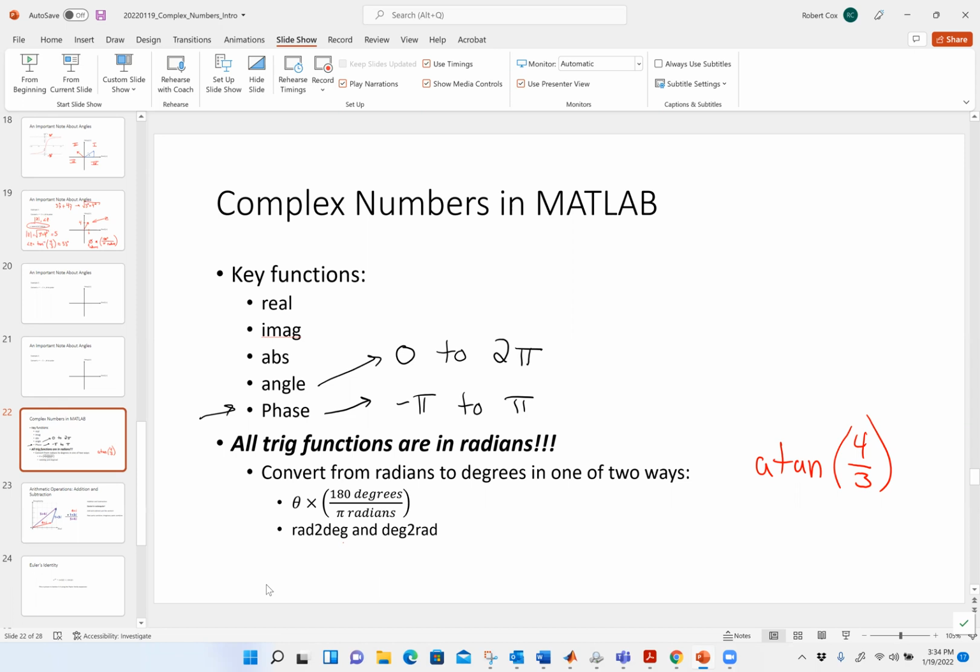There's a couple of reasons for that. I don't know any real engineers in the real world that ever talk in terms of radians. If you go to Duke and you say, my phase B is at 2 pi over 3, they'll look at you funny. You say that I give angles in degrees. The industry standard usually is to give those angles between negative 180 and 180.